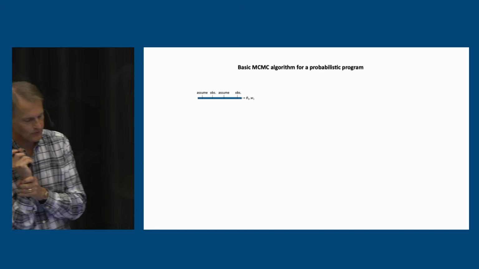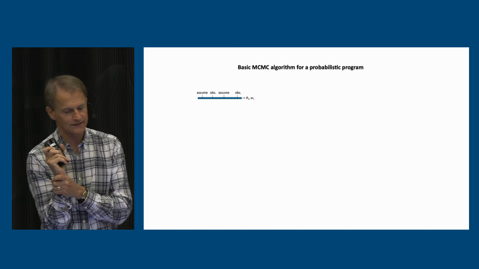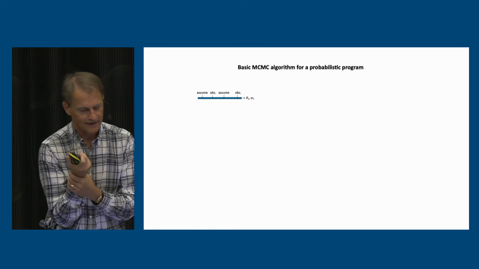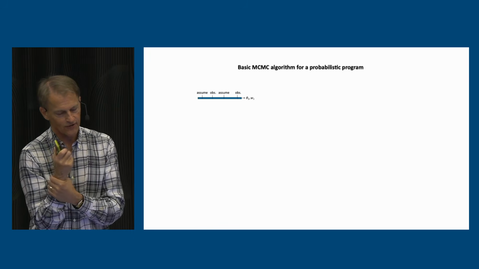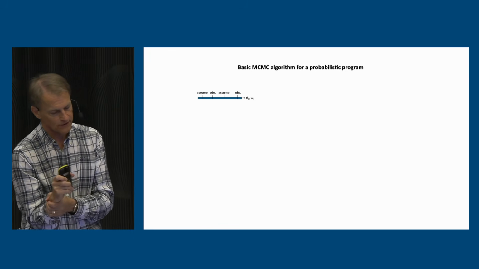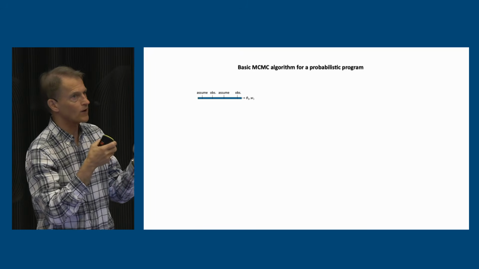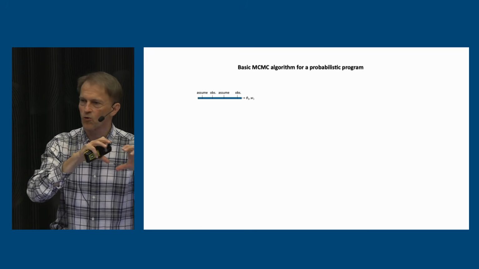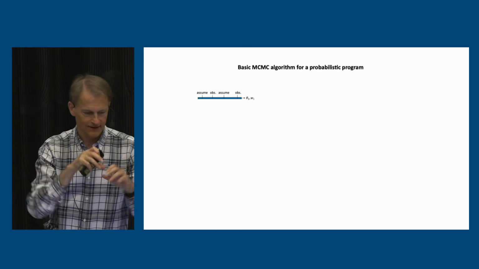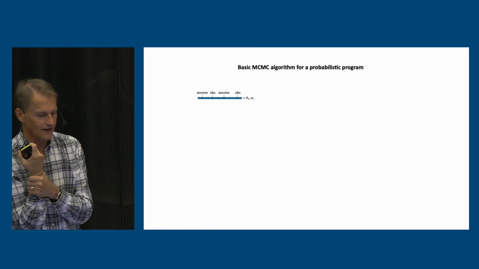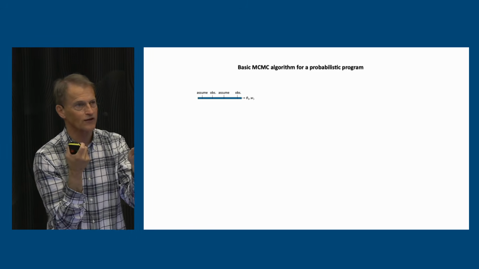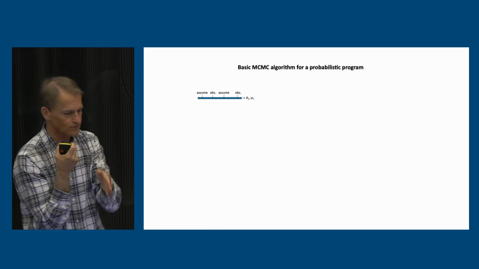I just want to give you a feeling for how we manage to generate inference machinery for these programs. Basically, you think of running a probabilistic program and storing it like a stack trace, that's the blue line here. In that stack trace, you will have some assume statements and some observe statements.